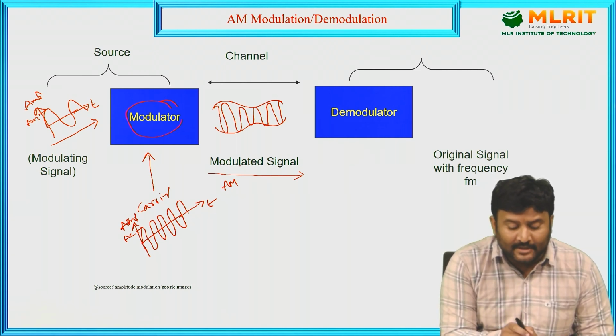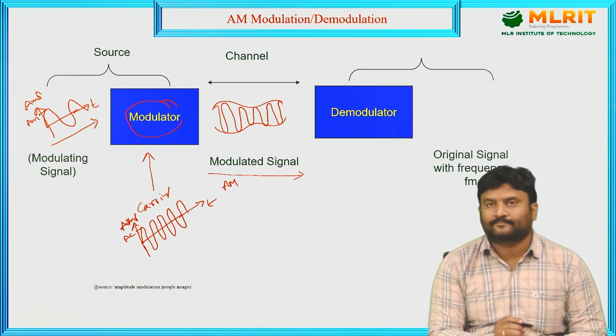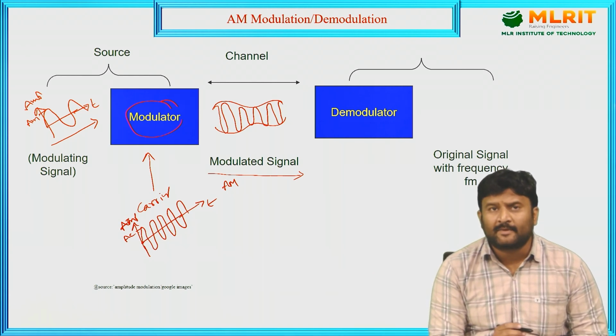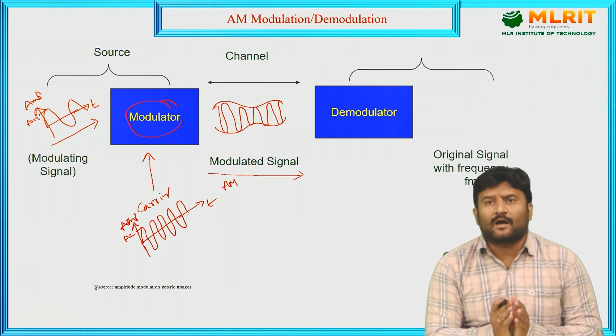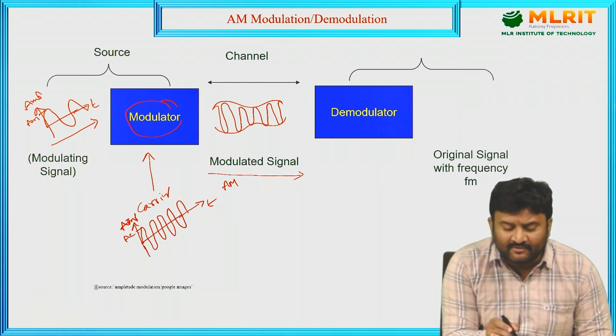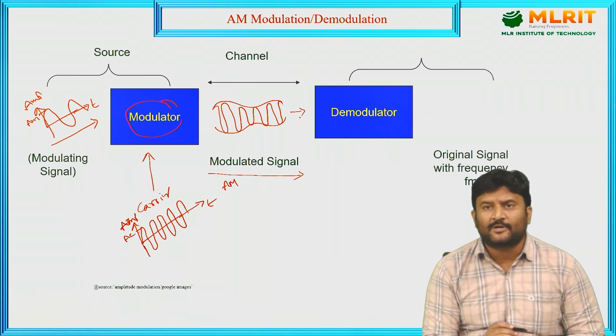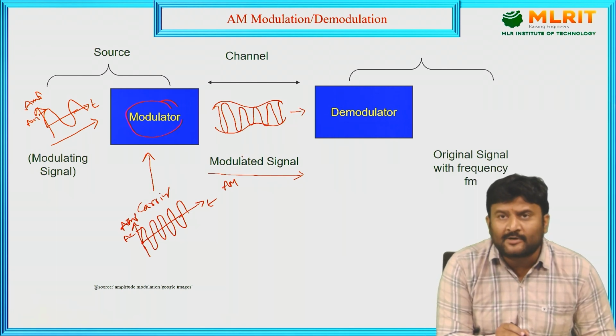Then this amplitude modulated signal is given to the demodulator block. Exactly, the opposite operation of modulation is demodulation. The input of the demodulator is the AM modulated signal.